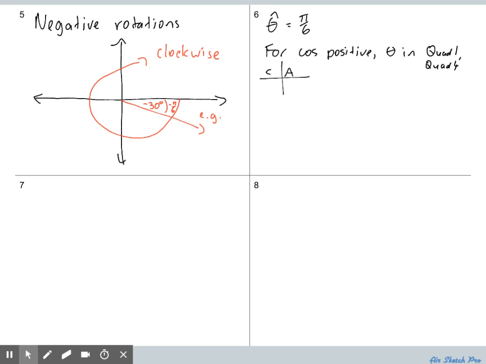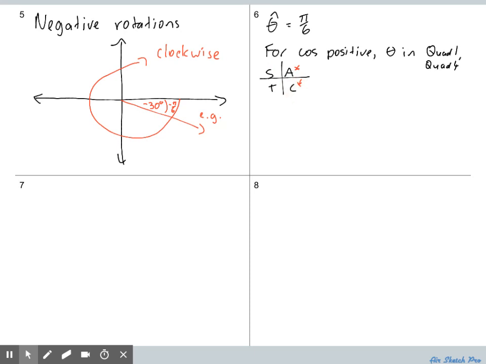Drawing a diagram doesn't hurt. So it means that whatever theta is, it has to fall into those two quadrants. So then we just need to take into account the fact we're looking at the negative rotation. So basically, if I'm starting off from 0 here, we're going backwards this way. So the first quadrant I hit going this way that we need is quadrant 4.